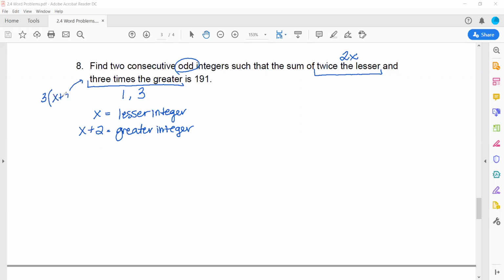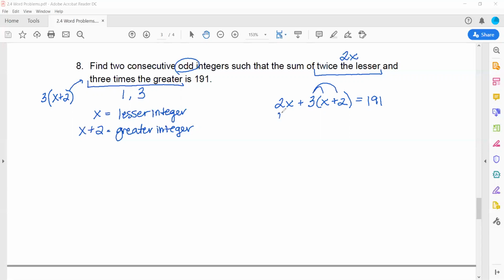Make sure that's in parentheses. And we want the sum of that, so we're going to have the sum of 2x and 3 times x plus 2. And that should equal 191. This one's trickier just because of that kind of weird setup there for the equation. But now let's go ahead and distribute.